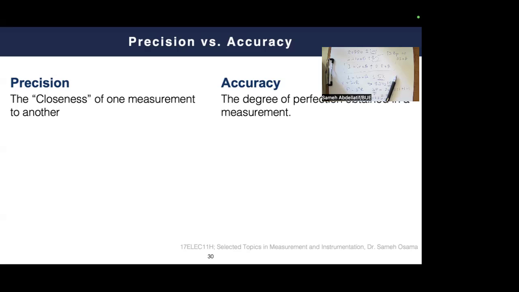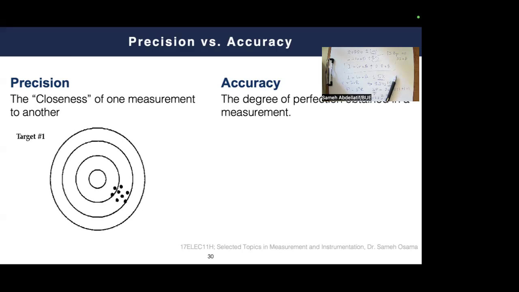The difference between these two parameters is essentially important to understand, because maybe in English you can say this man is an accurate man, or a precise man. Maybe in English we have the same flavor, but from the measurement perspective, there is a big difference between a precise equipment and an accurate equipment.